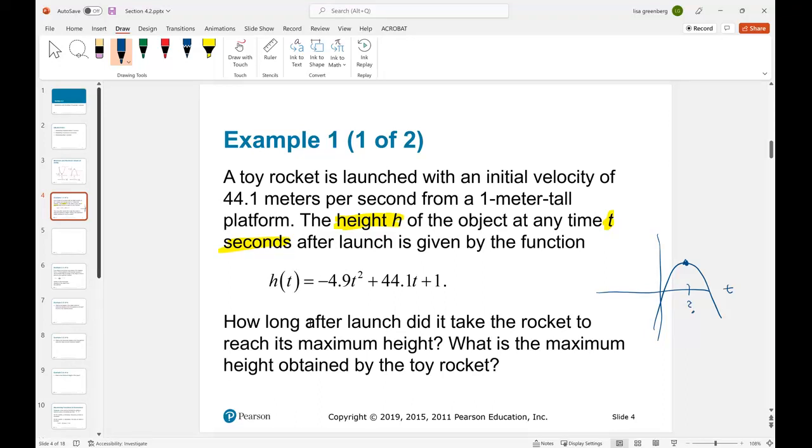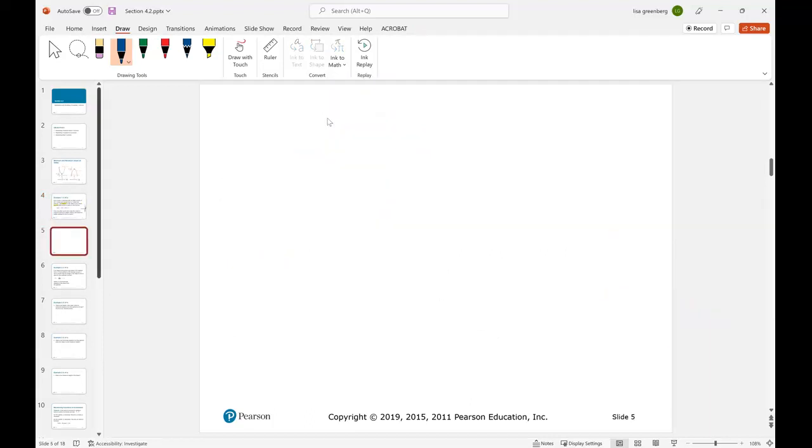So let me copy this equation over to the next page. All right. And so to find the time when the maximum height occurs, we have our function that tells us the x value of the vertex, but in this case, it would be the t value.